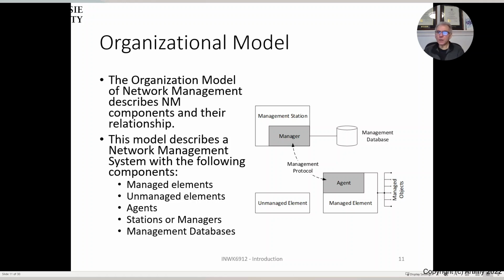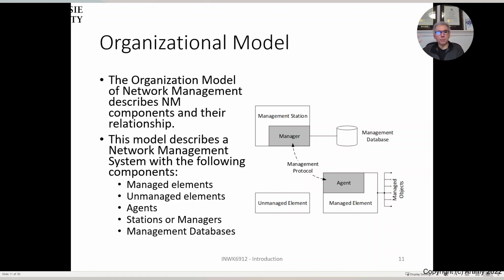We'll see at some point in this course that we have agentless management, but with this type of management, we have an agent.